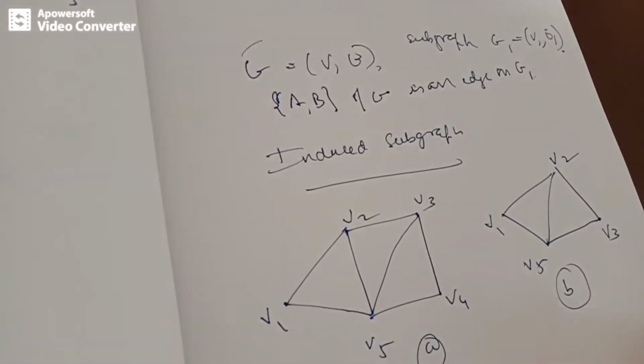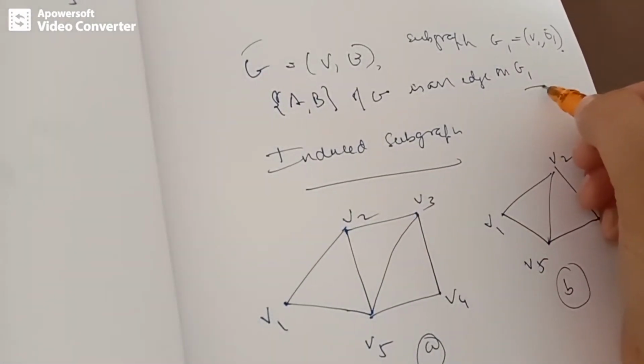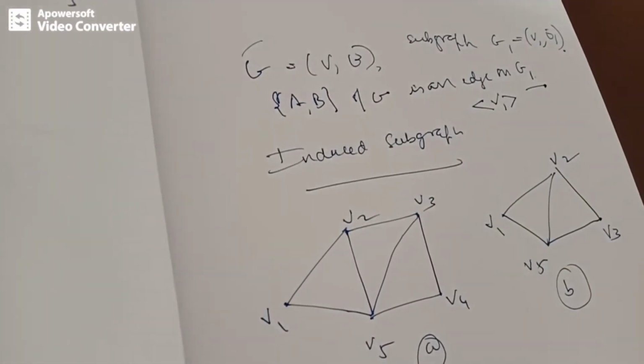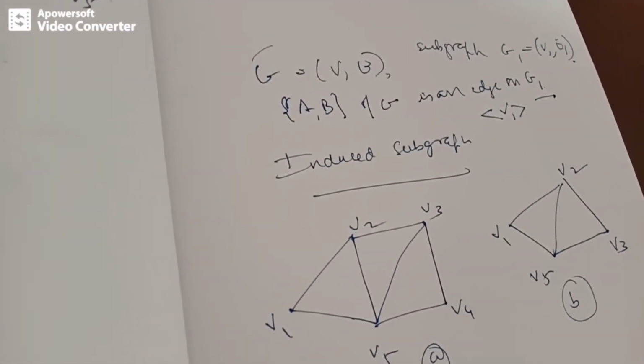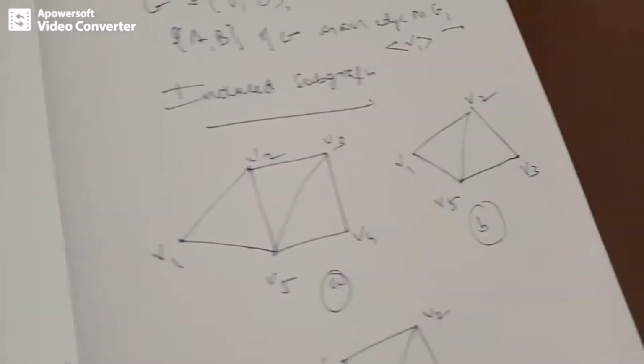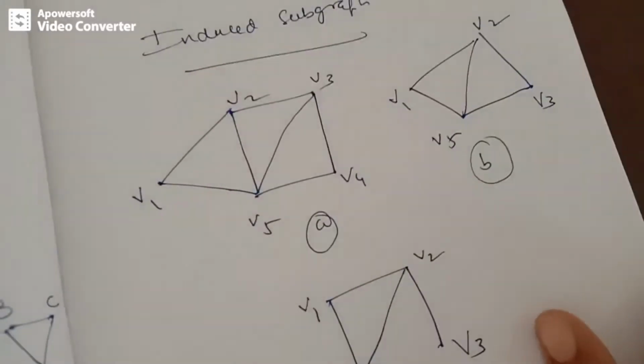Then we can say G1 is an induced subgraph of G, and it is denoted by V1 because it is induced by V1. So whatever edge is present in the original graph must be there in the graph that we compare.